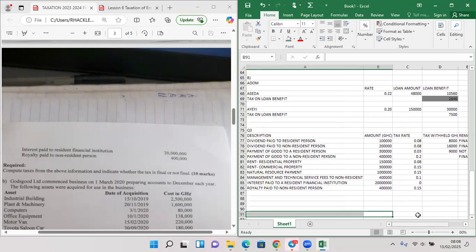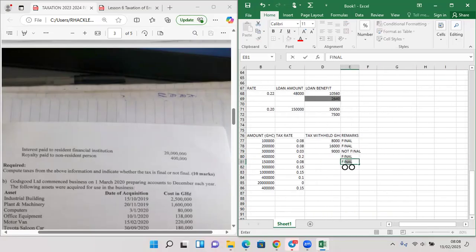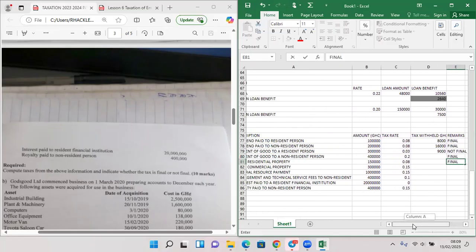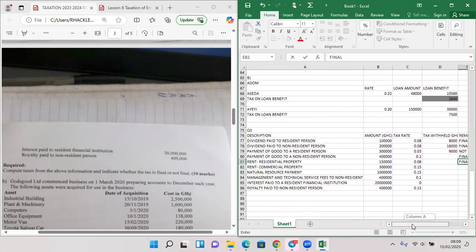So payment of goods to rent property. This one is final. This rent, this one is also final.